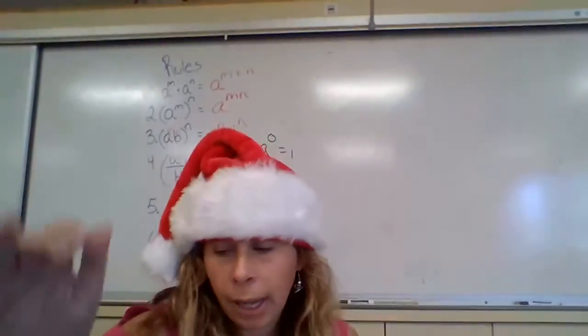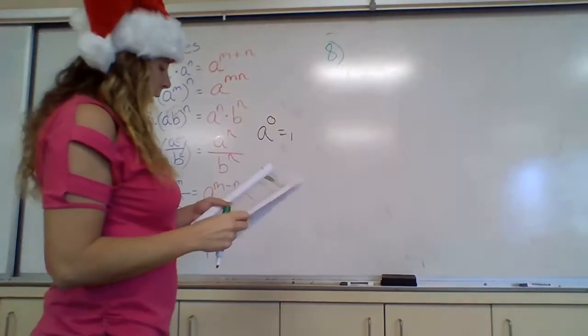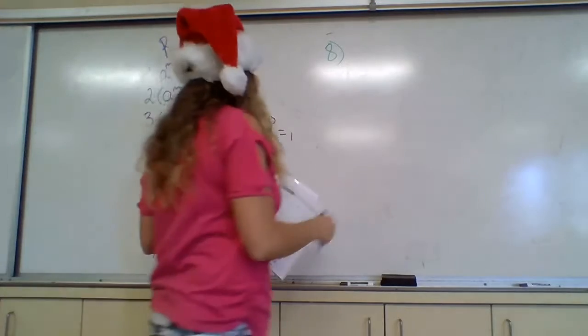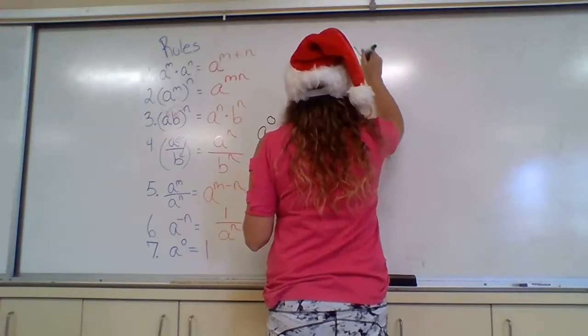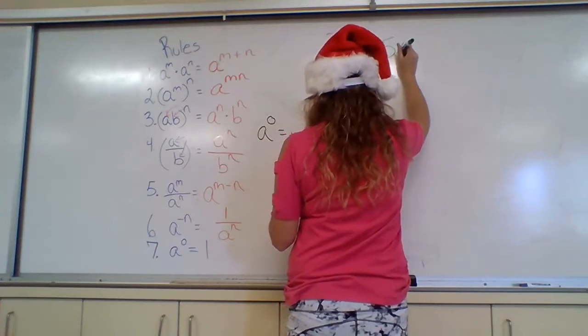Okay, the next part is you have to write in factored form. So number 8 is x squared minus 5x minus 6.